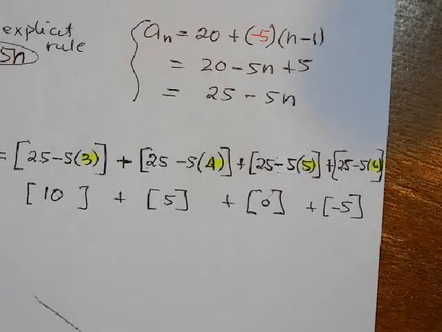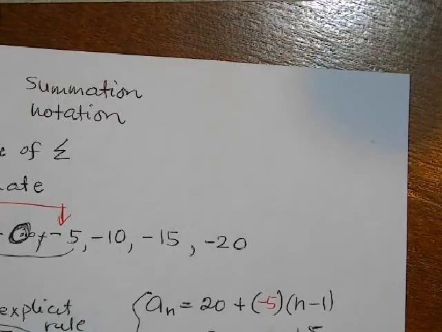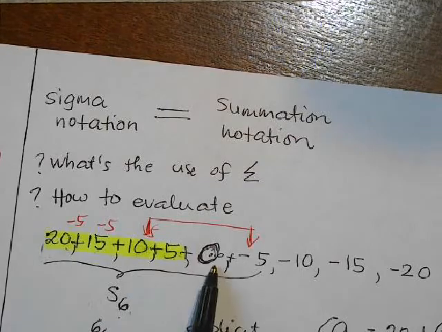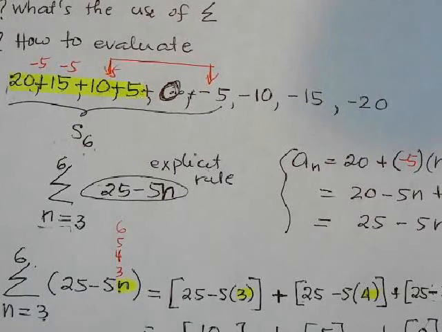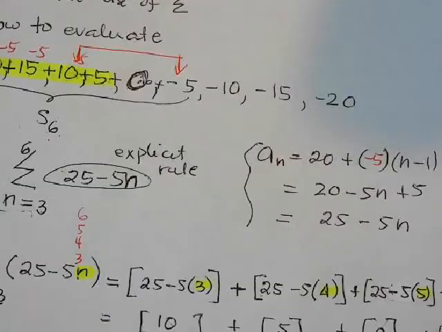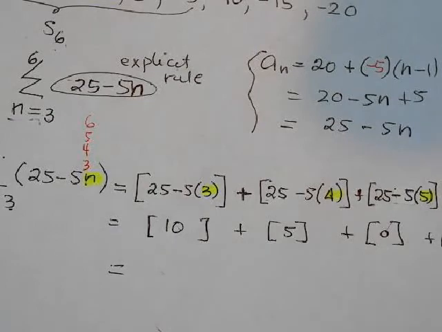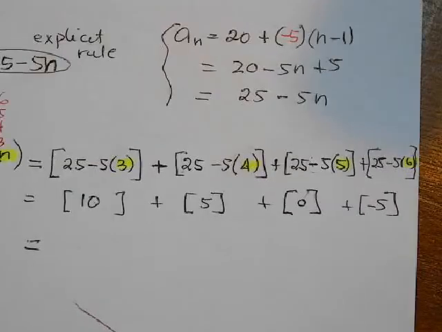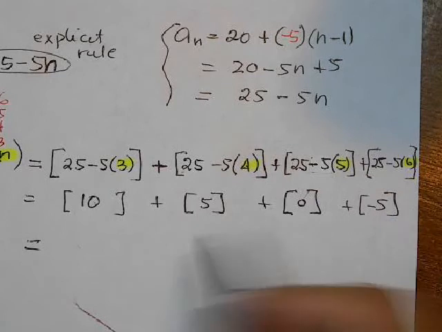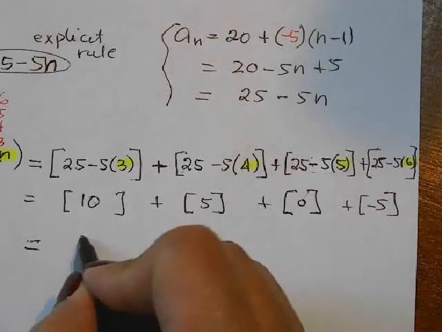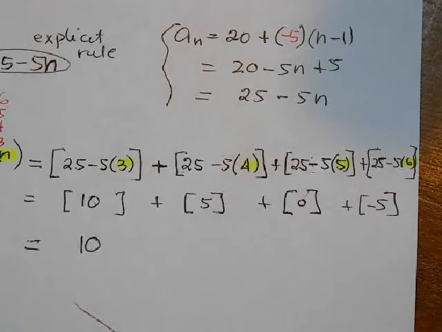Okay, so now it's the same, right? We're adding these terms here. You might say you can see it here, but you will not always see it all the time. This is just an example for you to understand. Okay, so then you just add these terms. 10 plus 5 is 15, plus 0 plus negative 5 will be 10. So that is the value of this summation.